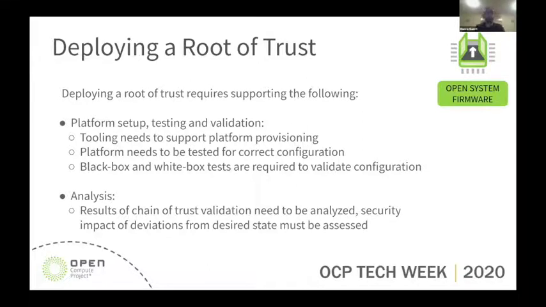Ideally, you want to do functional tests, but you also want to do white box testing, so with understanding of the internal mechanism of the root of trust. Then, after building a tooling for provisioning, you also want to be able to do analysis of the failures. So validation will fail necessarily, and you need to actually be able to tell what is a failure that might constitute a security concern and what is instead a failure that has nothing to do with the security problem.